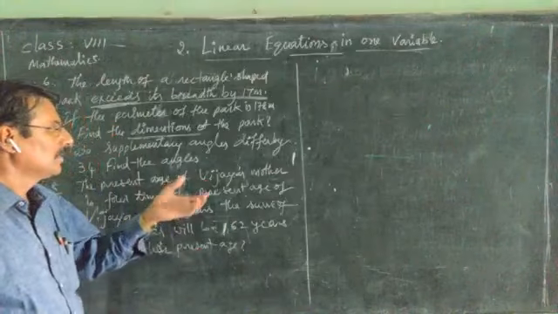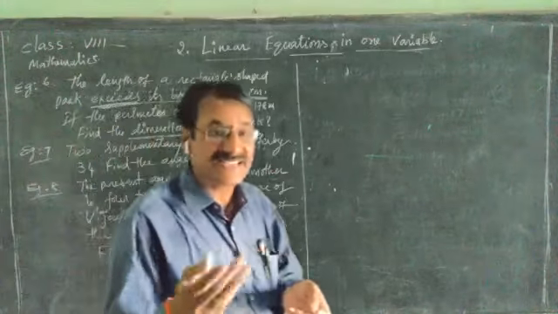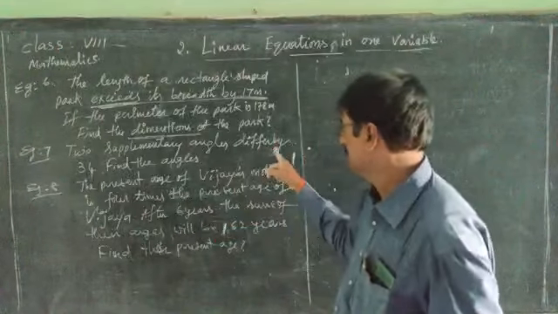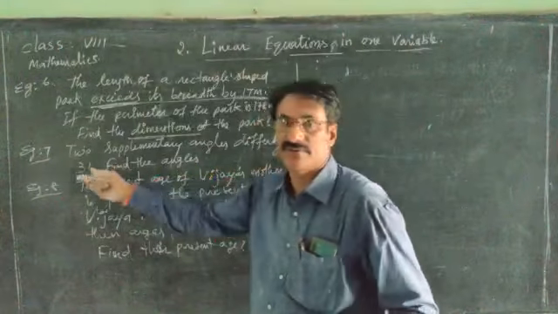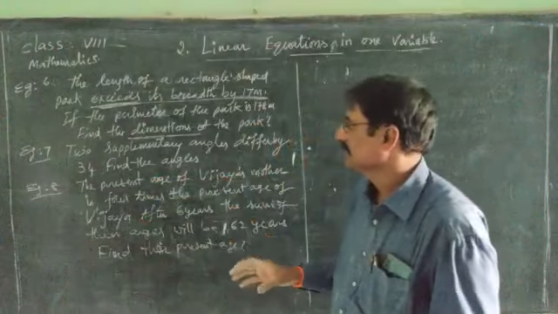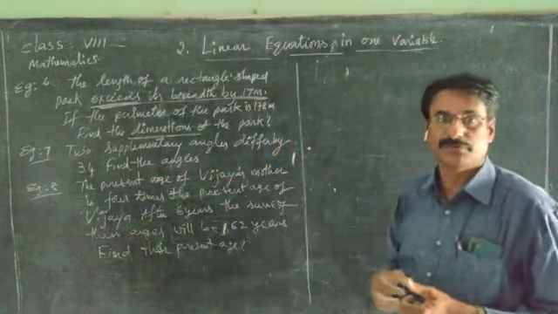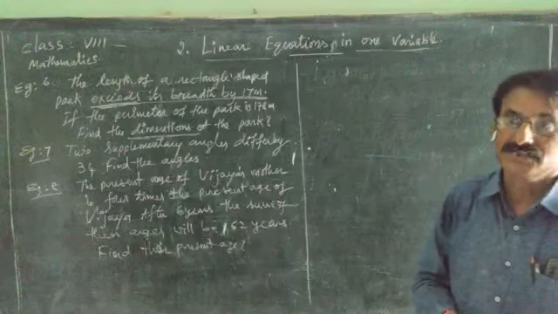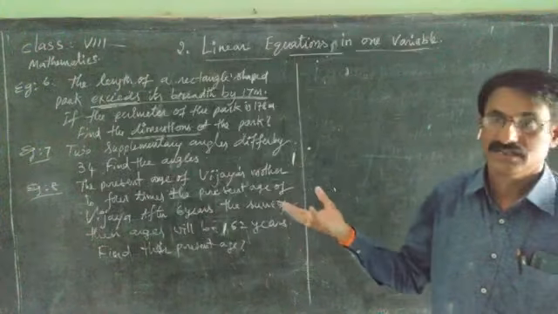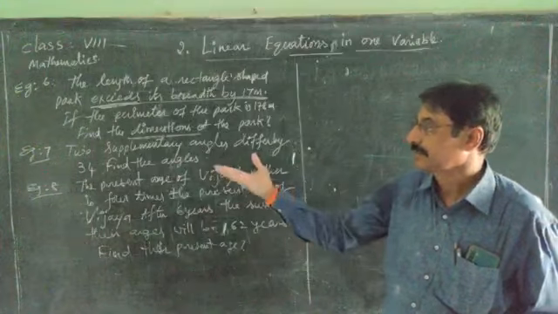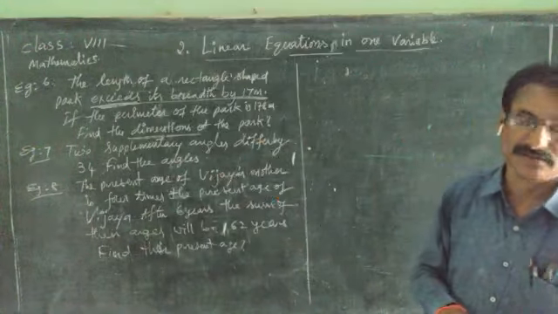So one angle exceeds the other one by 34. Differ means the difference of them equals 34, so one is the smallest, another one is the biggest. The biggest one is 34 more than the smallest angle.